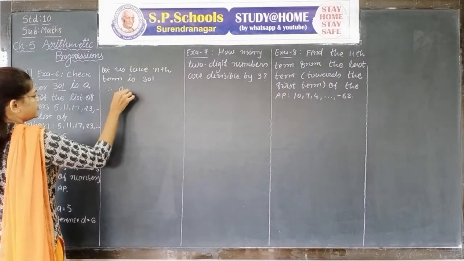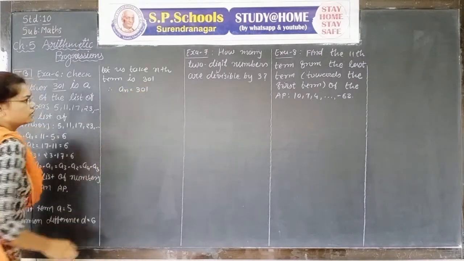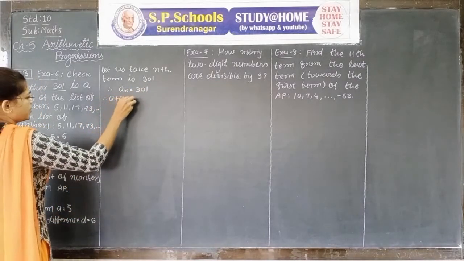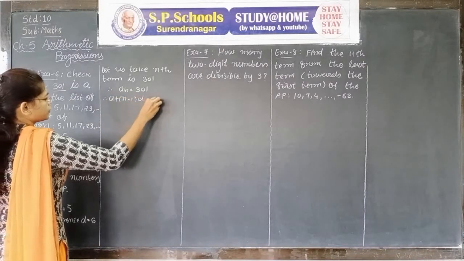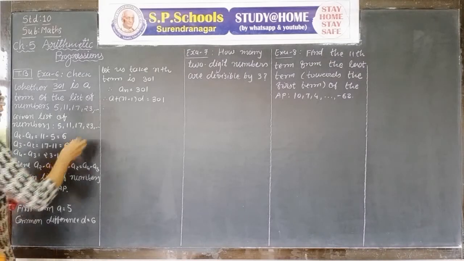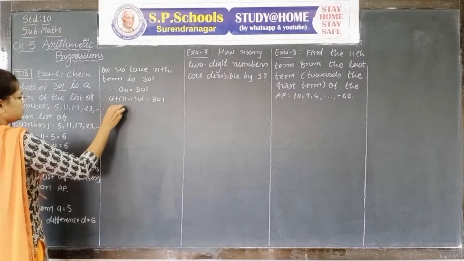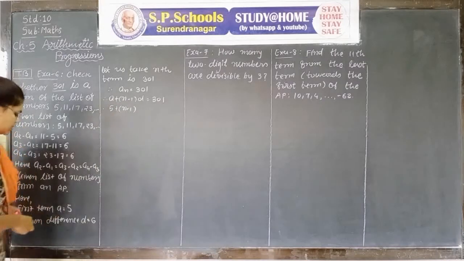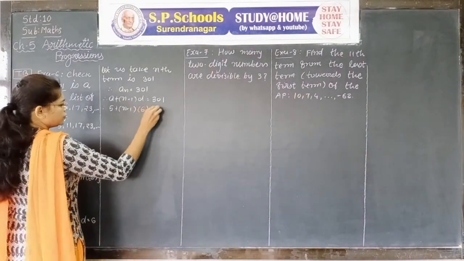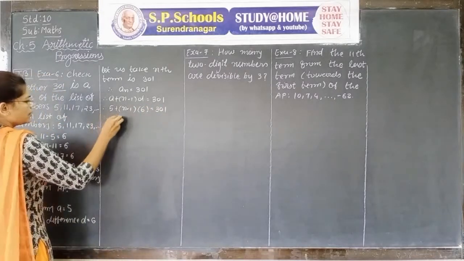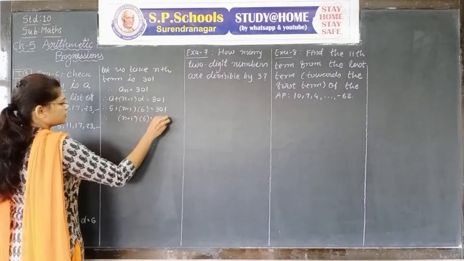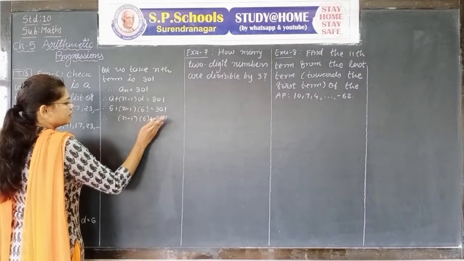That's why the nth term an is equal to 301, where an is equal to a plus (n minus 1) into d is equal to 301. Now we have to substitute the values of a and d, where a is equal to 5 plus (n minus 1) as it is, instead of d is 6, is equal to 301. By making (n minus 1) into 6 the subject, we get 301 minus 5.